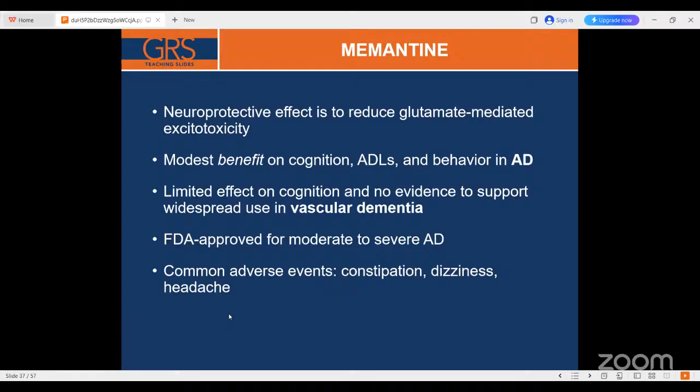It is FDA approved for moderate to severe Alzheimer's disease, and common adverse events are constipation, dizziness, and headache. All of this is due to glutamate-mediated excitotoxicity.